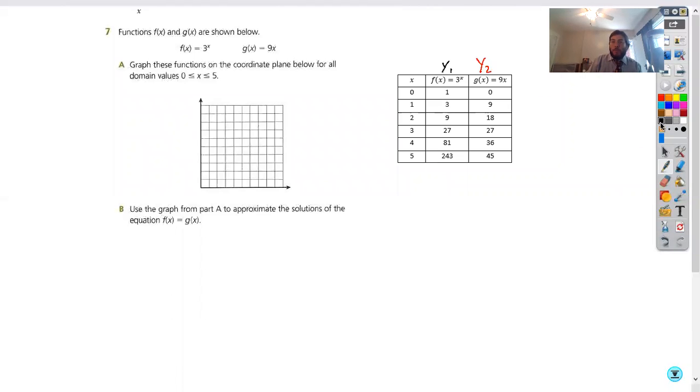So for the first one, we have to see our x values are only going up to 5. So what we're going to do is spread this out a little bit, and every 2 boxes will count by 1. So 1, 2, 3, 4, and 5. Now our y values have to go all the way up to 243. So I know that we have 10 boxes here.